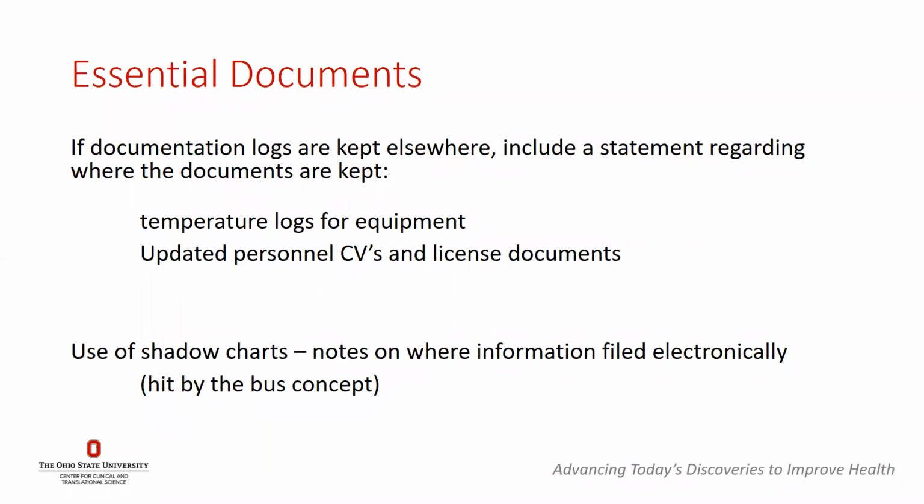But again, with notes to file, sometimes now the way that you handle those massive amounts of documents, you keep them in an electronic form, but if you go to the hard binder, they're not kept there. So you can use a note to file saying, for instance, your CVs. All of the CVs are kept in this location. All of the licenses are kept in this location.